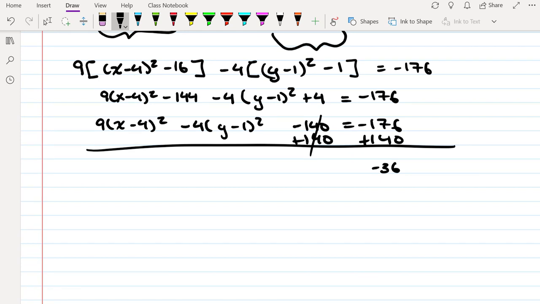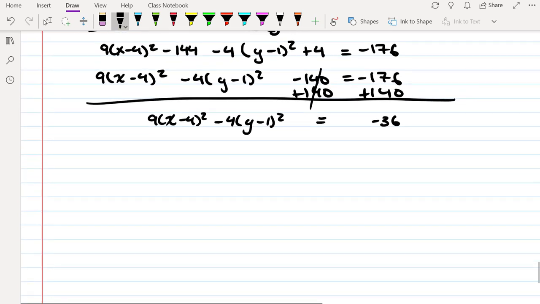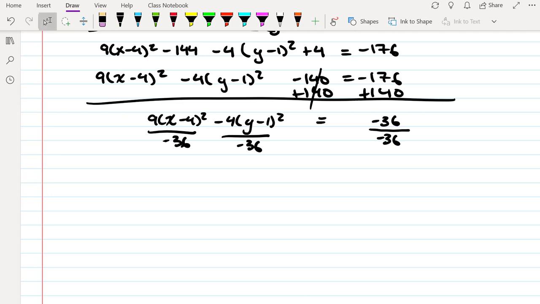9 times (x minus 4) squared minus 4 times (y minus 1) squared is equal to negative 36. So to put this in standard form, we need to divide all terms by negative 36. So then when we do so, negative 36 divided by negative 36 is 1. And a negative divided by a negative is positive, and 4 goes into 36 9 times. So I'm going to write my y term first.